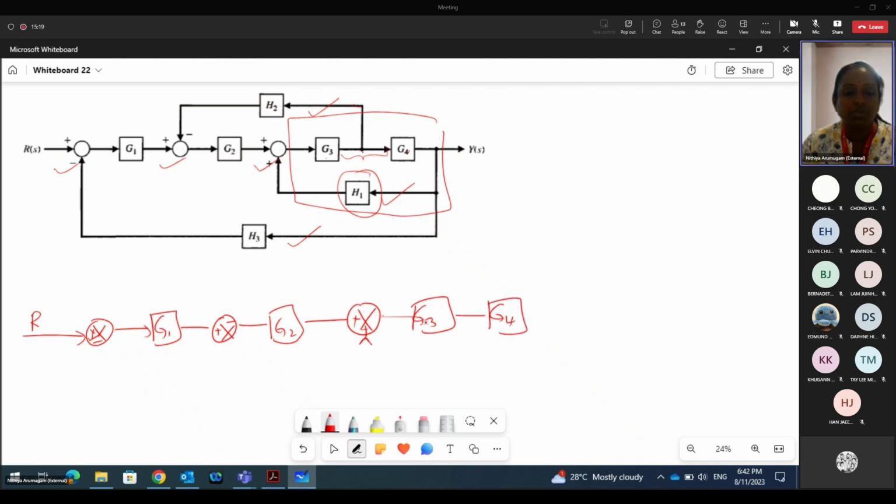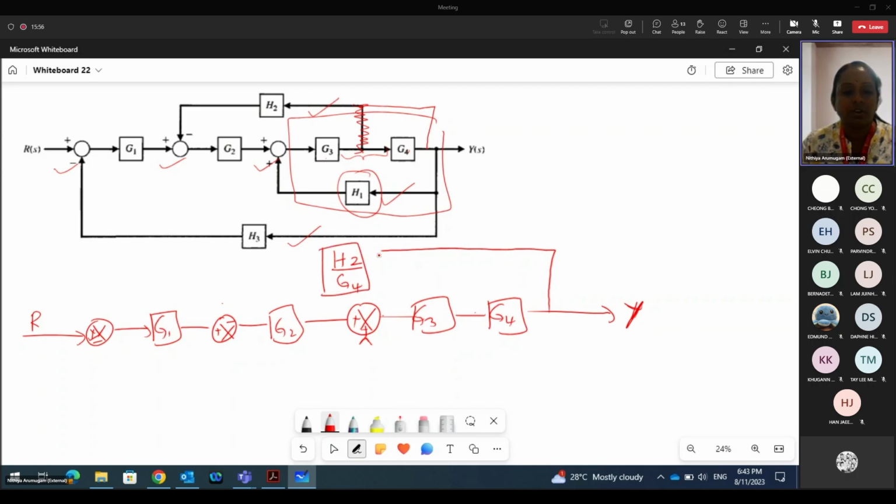Now our aim is to move this line to this point. So we will have Y here. All right, so how to move it, shifting to behind the G4. When I'm shifting to the right of the block, the negative feedback block will be H2 over G4.